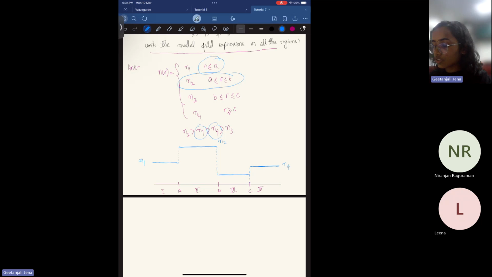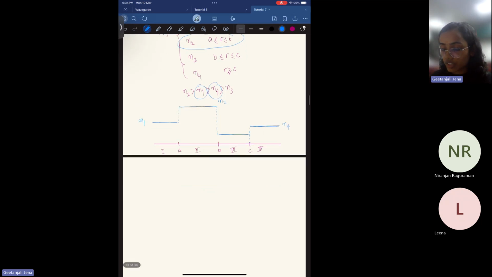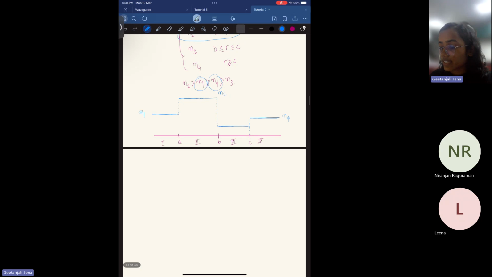So we now know the refractive index profile. Now identify the core region, that is, the region where total internal reflection will occur. From the profile you can see the highest value is N2 and the next highest value is N1. We have already discussed the condition for beta for the guided ray.